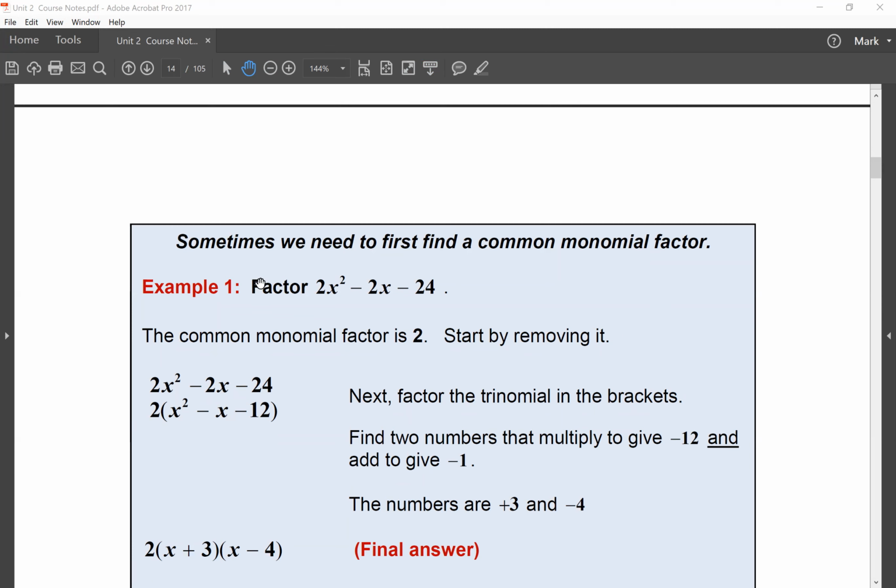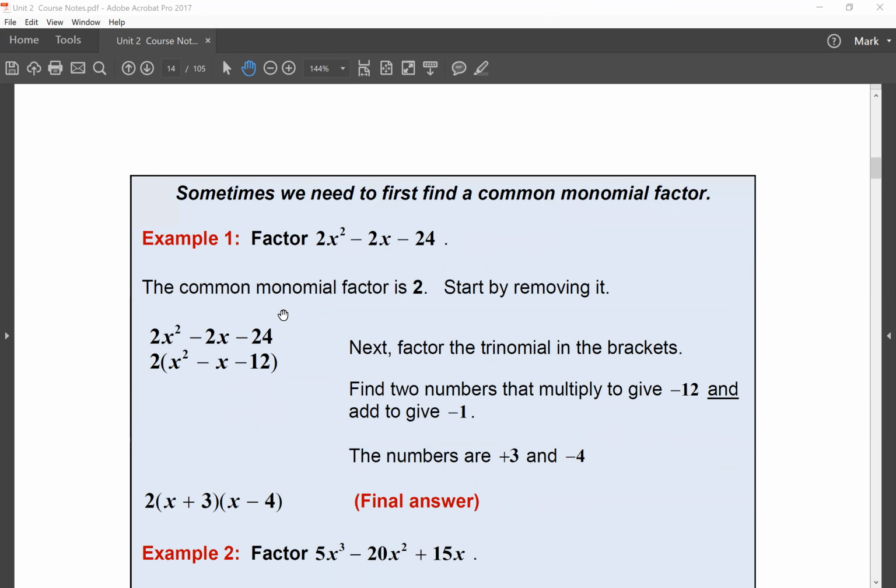Okay. So some trinomials will be a little bit more complicated than the ones we were looking at, meaning sometimes we might need to factor them before we even get started. I know that sounds confusing.